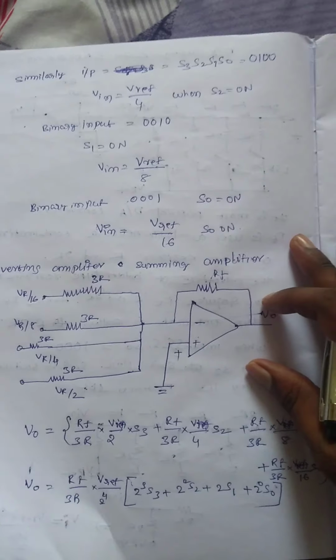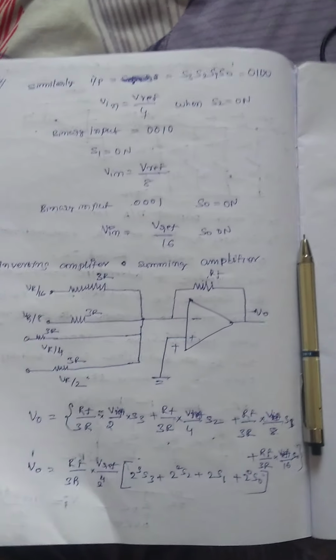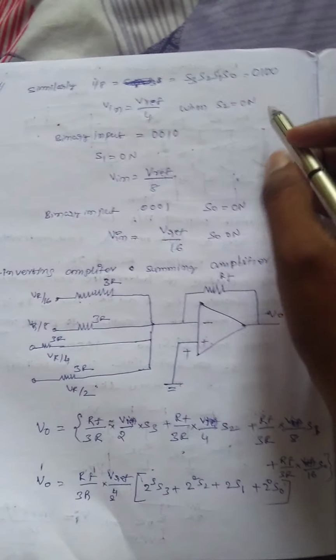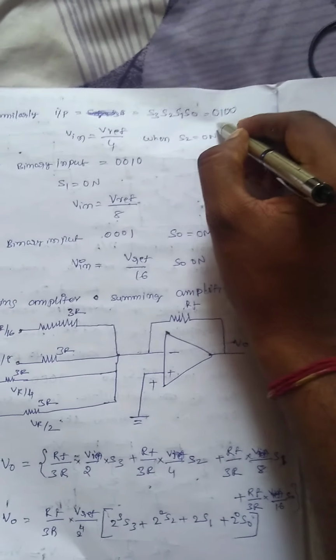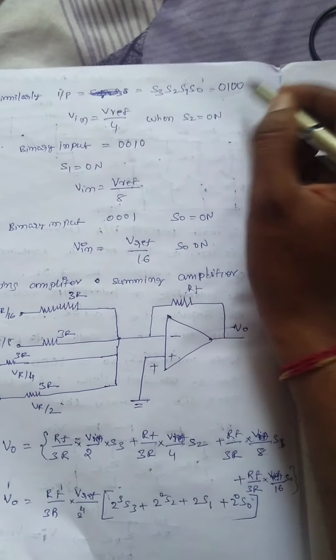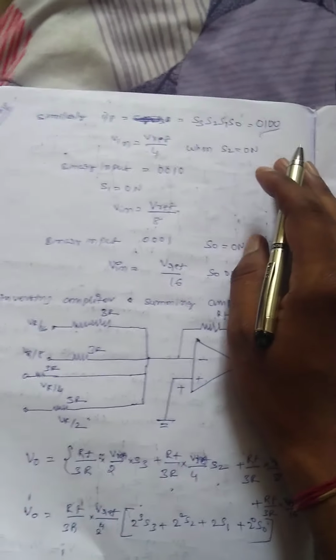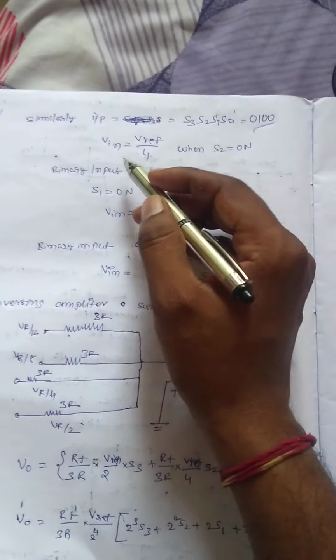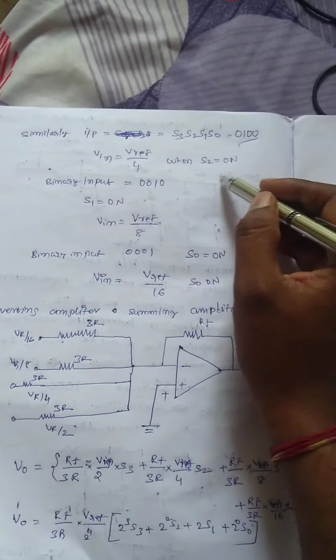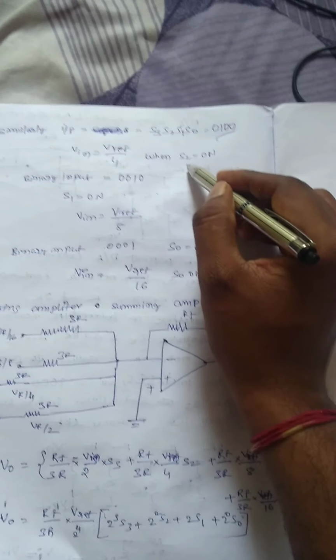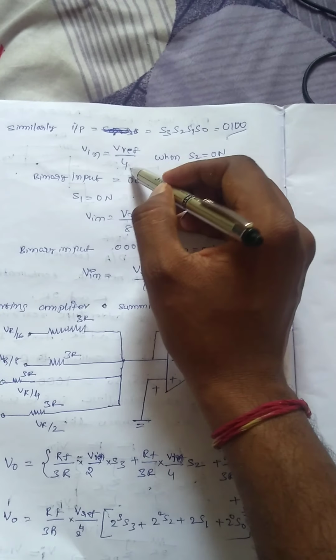Similarly, we get different analog outputs. When the input is 0 1 0 0, S2 is on and all remaining switches are grounded, so we get Vin equal to V reference by 4.